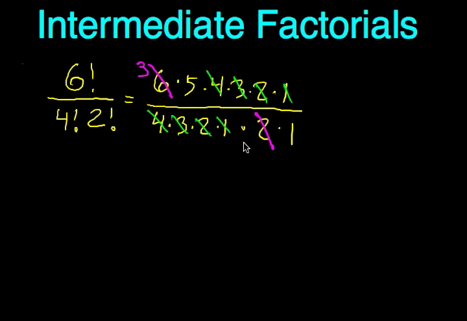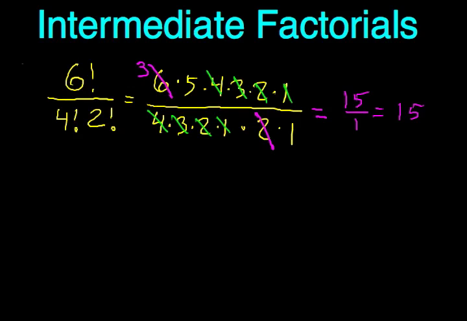In other words, I just factored out a 2 out of both numerator and denominator. And what are we left with? Well, this 1 in the denominator doesn't do anything for us. 3 times 5 in the numerator. So it's 15 over 1 equals 15. So 6 factorial over 4 factorial times 2 factorial is 15.